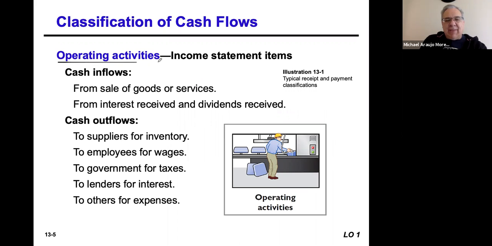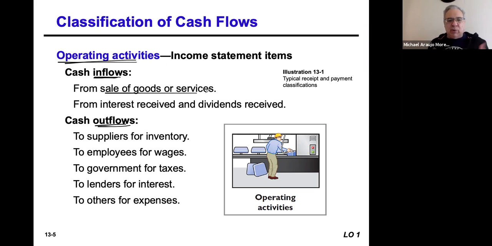So operating activities have to do overwhelmingly with income statement items, revenue and expenses is what you should be thinking about. If it's related to revenues, expenses, it's probably going to be an operating activity. Again, cash flow looks at cash coming in or staying in or cash going out. Okay. And so for the most part here, the most common way we look at cash flowing in is from selling goods and services.